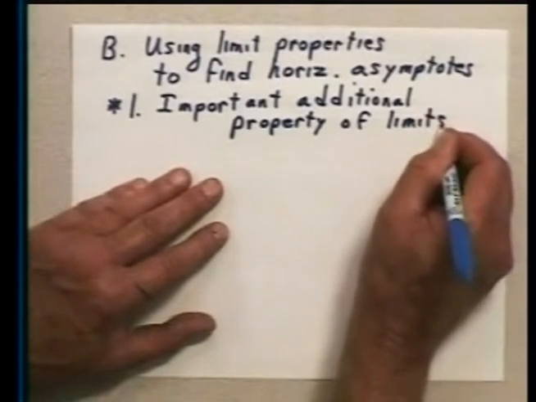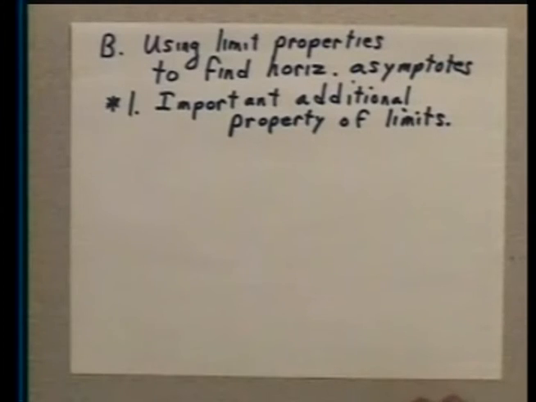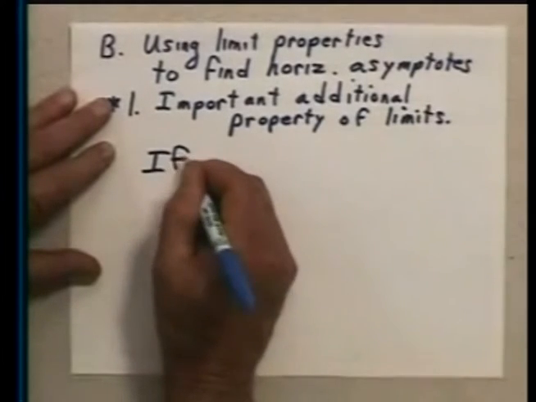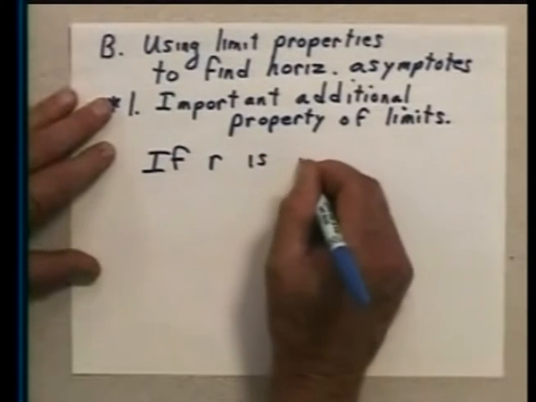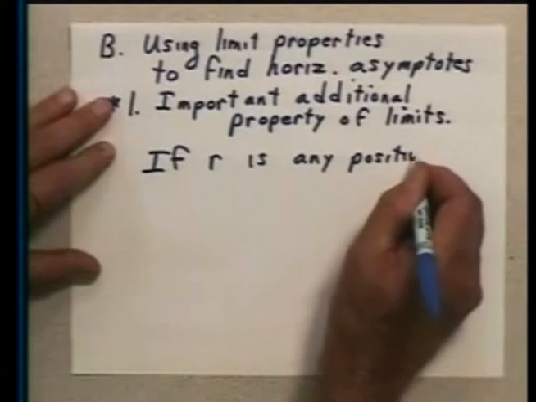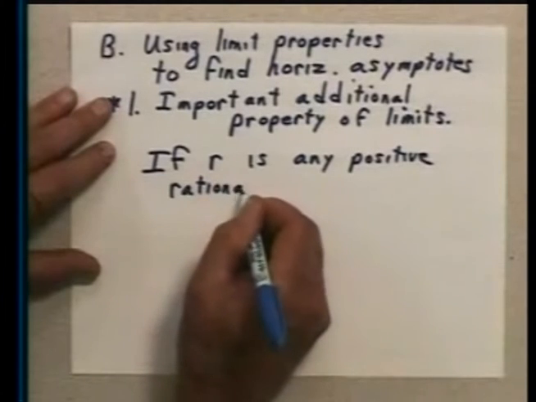Fortunately, it's a very logical one, and so it shouldn't be hard to understand. It says, if r is any positive rational number. What does that mean?